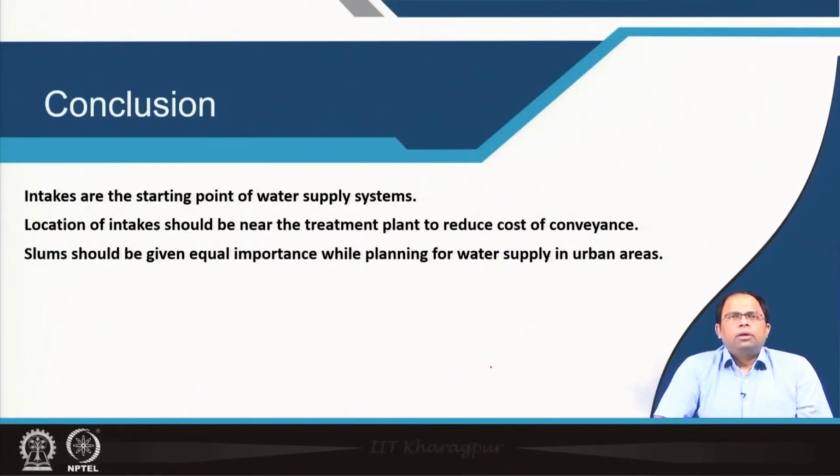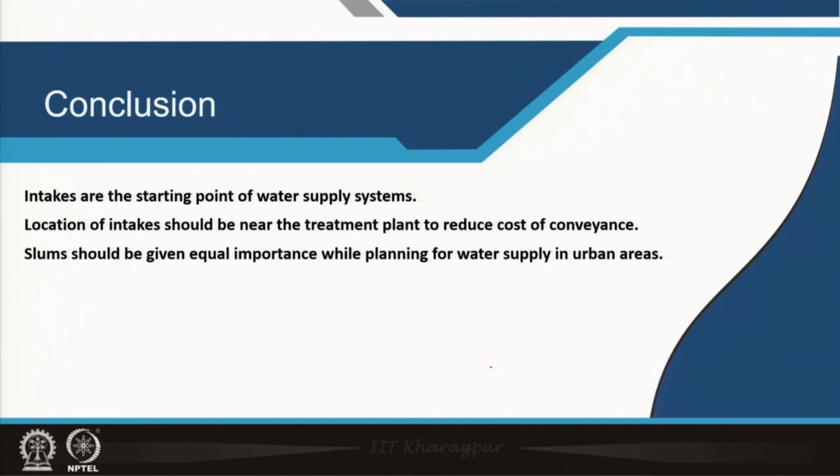So, to conclude, intakes are the starting point of water supply systems. We have to determine suitable locations for setting up the intakes, and the location of the intake should be near the treatment plant to reduce the cost of conveyance as much as possible, but that is not always possible. Sometimes the treatment plant is far away from the intake point. Slums should be given equal importance while planning for water supply in urban areas, because poor people are the most vulnerable.